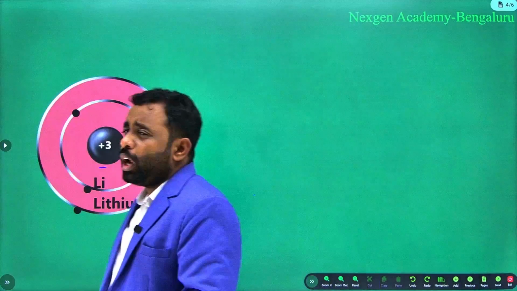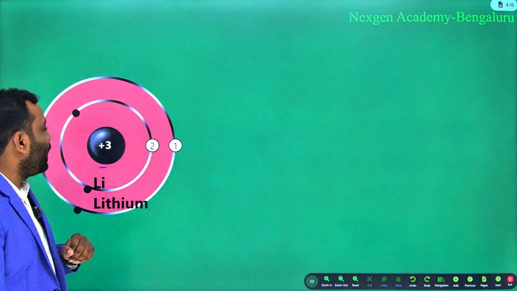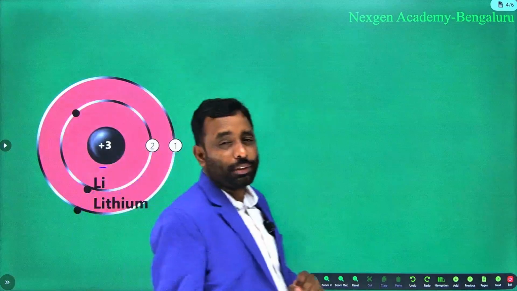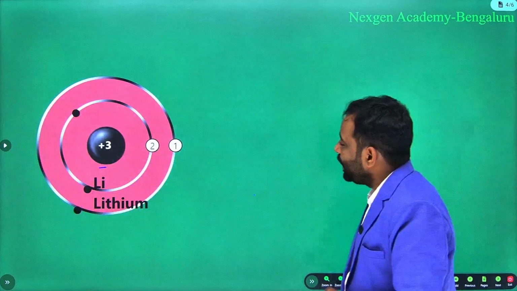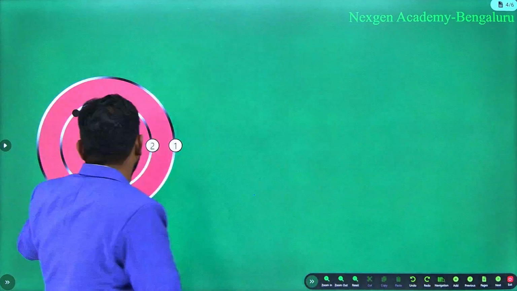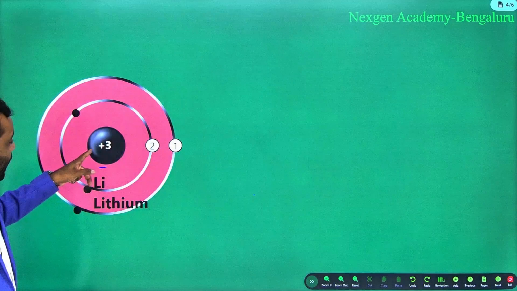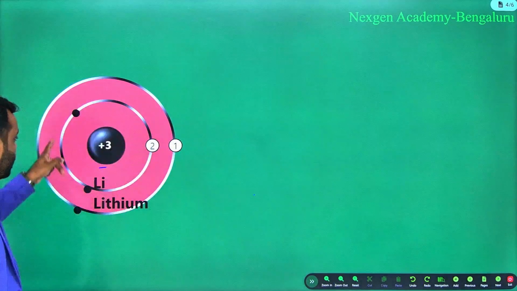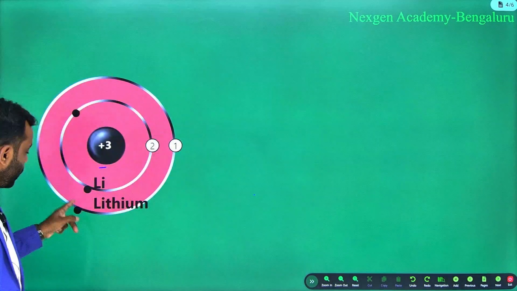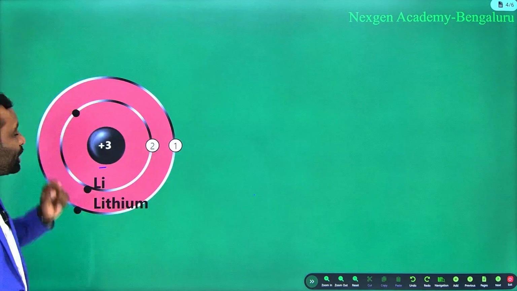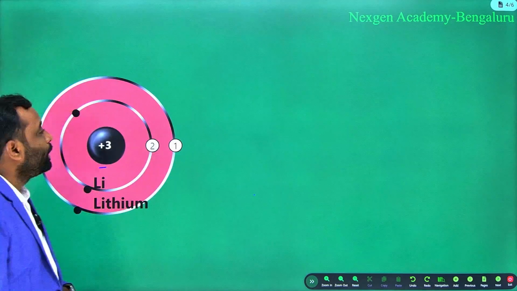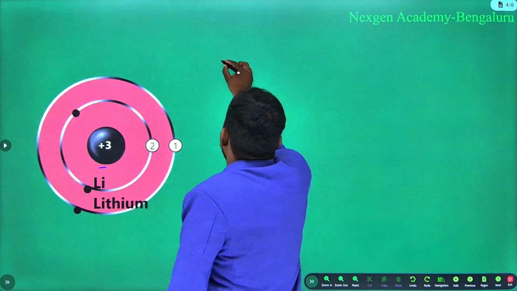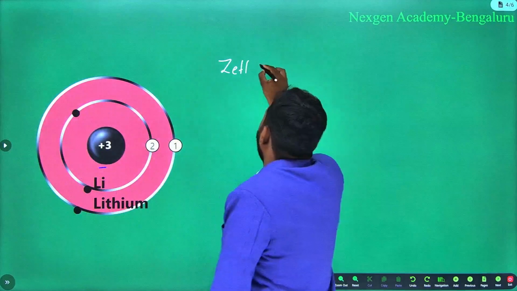We will see the next one. For example, you want to calculate the screening constant and effective nuclear charge for the lithium valency electron. Lithium, how is it, tell me? Atomic number 3, right? 1s2 means the first shell has 2 electrons, 2s1, 1 electron is there. These black colored dots represent electrons. Clear, right? So how do we calculate the effective nuclear charge for lithium?